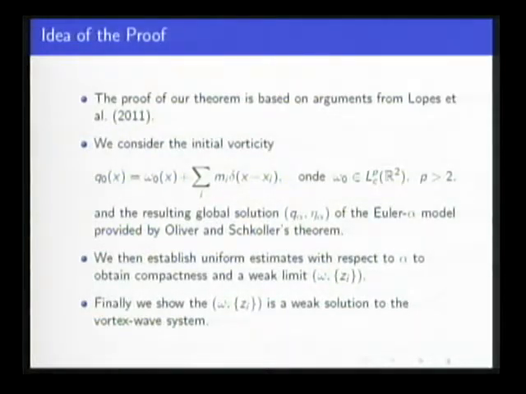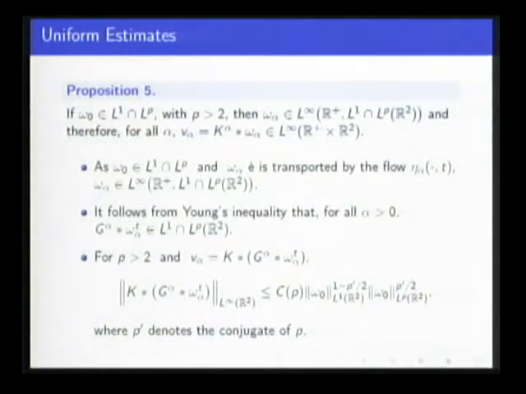First of all, we're going to establish some uniform estimates with respect to alpha to obtain compactness and obtain a weak limit. And at the end, we're going to show that our weak limit is a weak solution of the Euler-alpha model. So our uniform estimates. It's the same result that you would obtain with K, instead of K alpha.